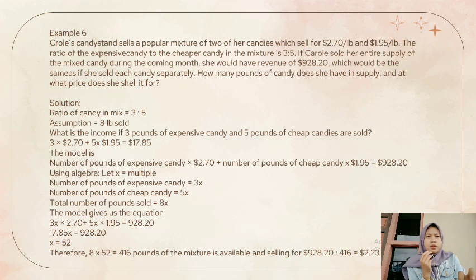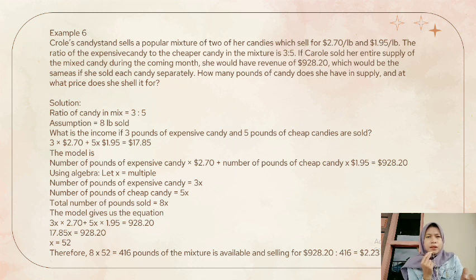The mix contains 3 times 52 equals 156 pounds of the expensive candy, which will generate an income of 156 times $2.70 equals $421.20, and 5 times 52 equals 260 pounds of the cheaper candy, which will generate revenue of 260 times $1.95 equals $507.